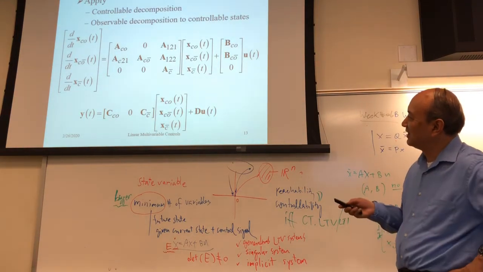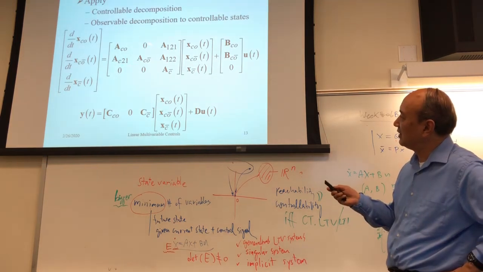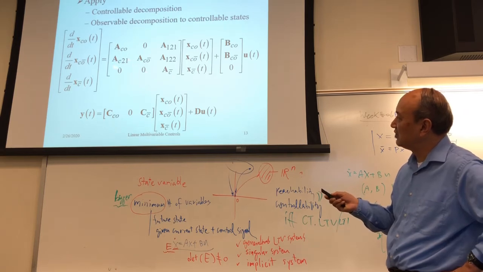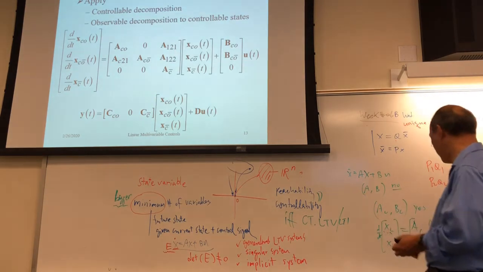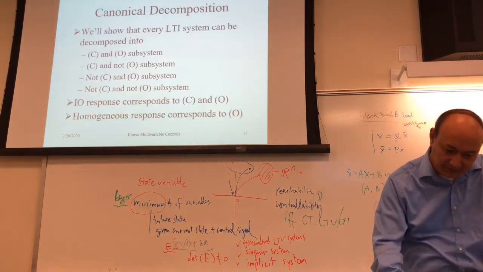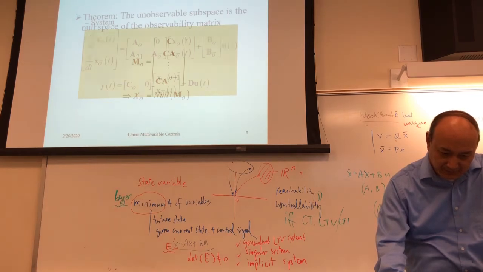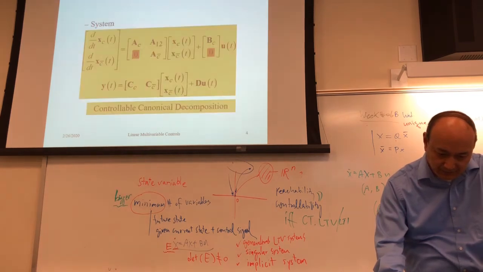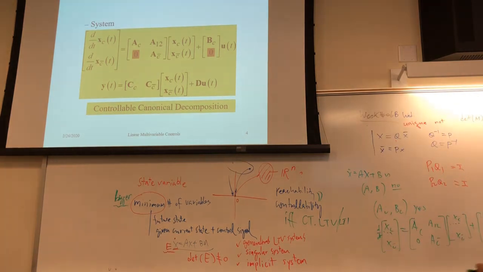So we know that we originally have AC, this is AC, this is 0, AC bar, this is A12. Remember, our original form actually is this one. I'm going to write this down so we don't forget.